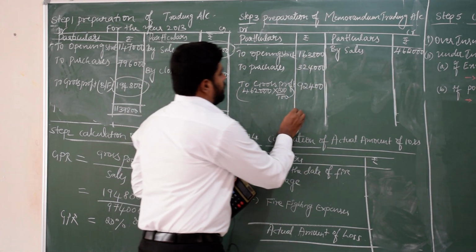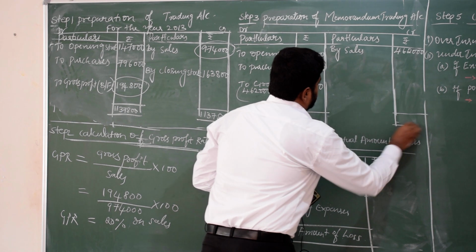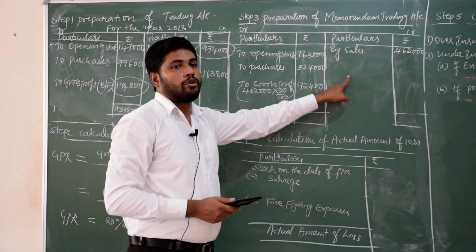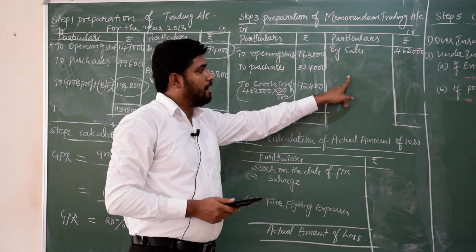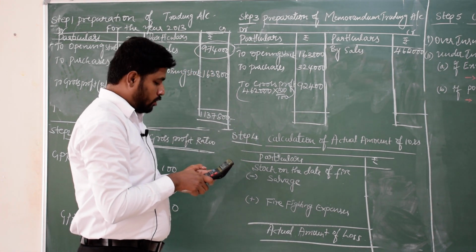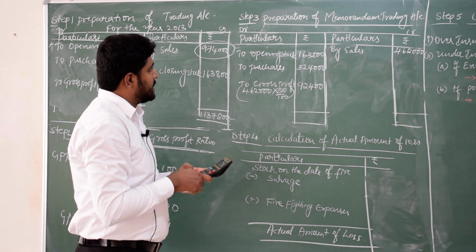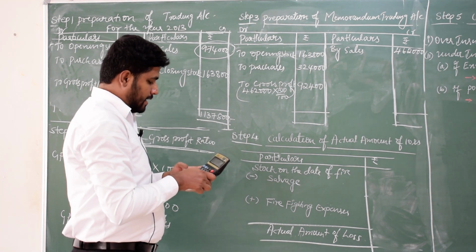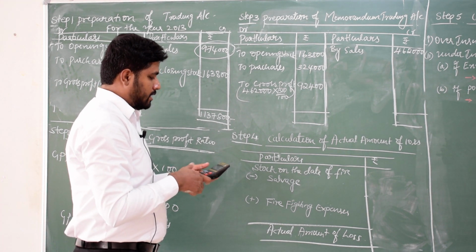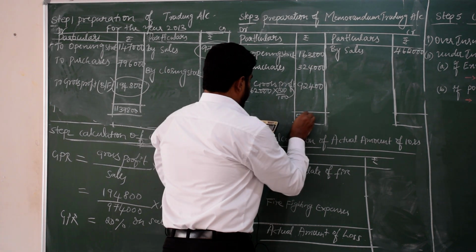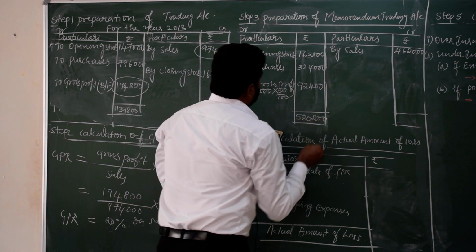Now make balance. Here memorandum trading account is prepared to find out closing stock or stock on the date of fire accident. Now make balance: 1,63,800 plus 3,24,000 plus 92,400. You will get 5,80,200.